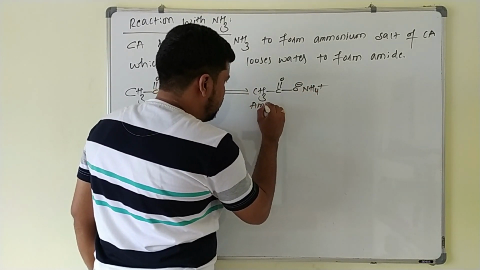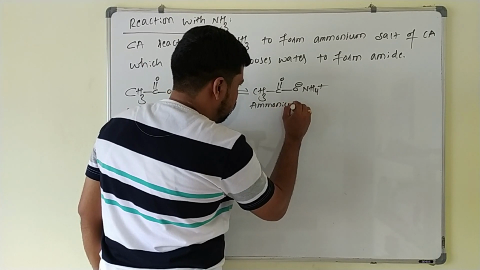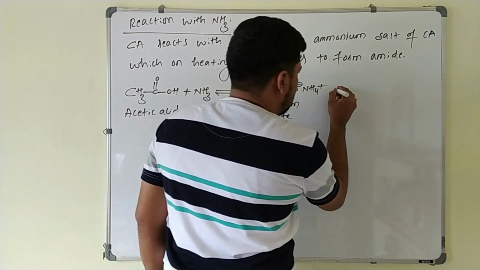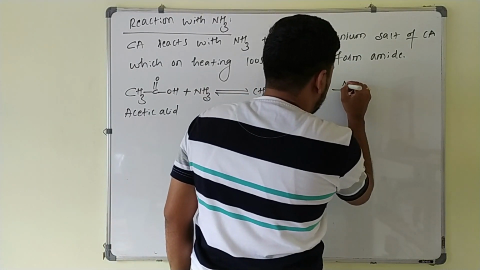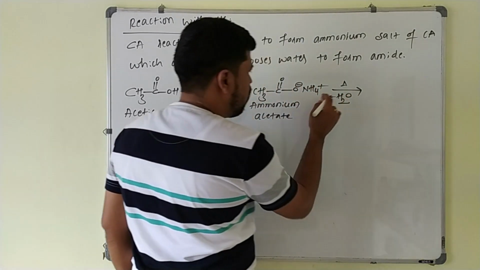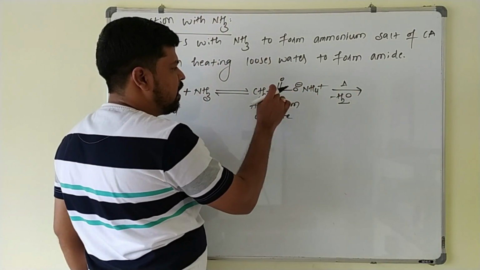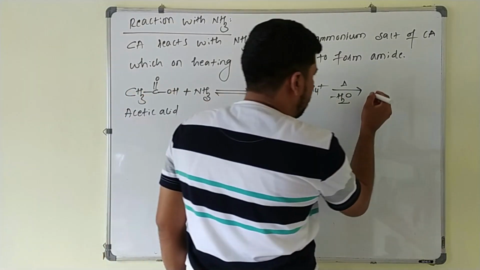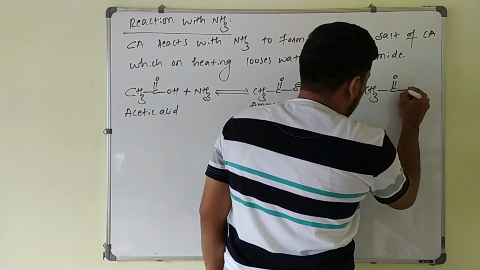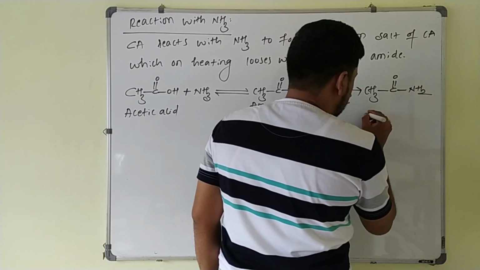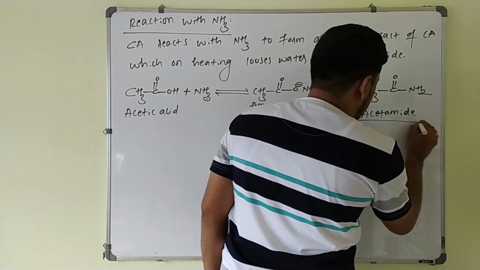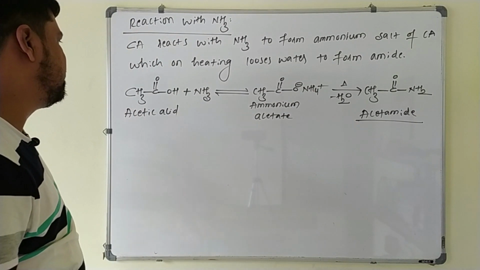This is your ammonium acetate. This on heating loses a water molecule. Here H2O is removed, so that it becomes CONH2 amide bond, CH3 C double bond O NH2, so that there is a formation of acetamide. Acetamide will be formed here.